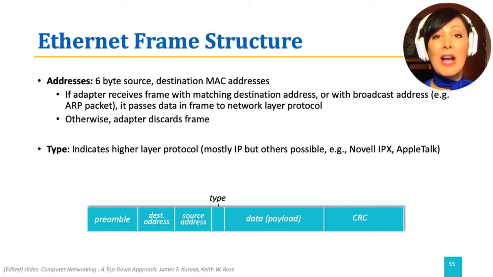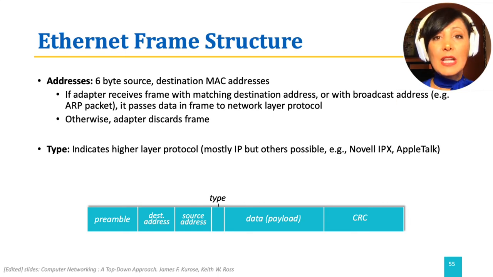This can vary between 46 and 1500 bytes, as the Ethernet maximum transmission unit, or MTU, is 1500 bytes. This means if the IP datagram is less than 46 bytes, this field needs to be stuffed up to 46 bytes. And if it is more than 1500 bytes, it needs to be fragmented.